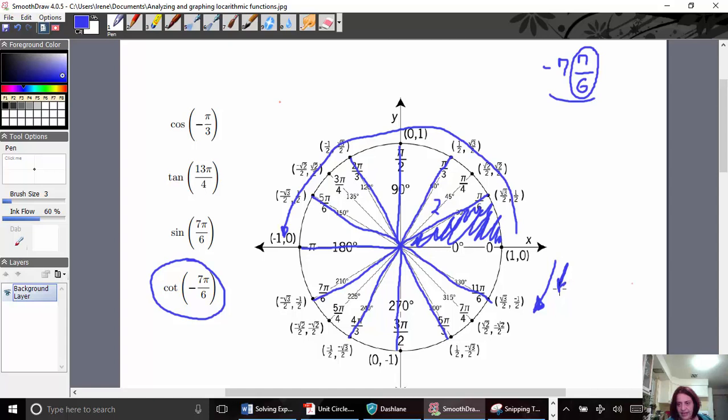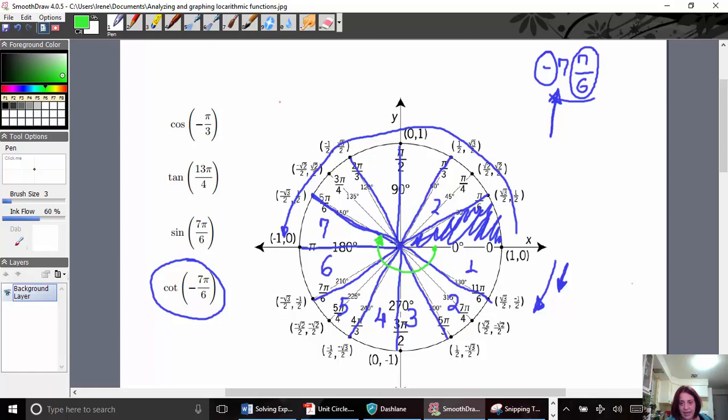Now, I need to move in this direction. Why? Because I have a negative sign, and I need to count exactly 7 pi 6. So let's start. 1, 2, 3, 4, 5, 6, 7. So this means that I end right here. My angle is going to be from here until here, and this is the angle negative 7 pi 6.